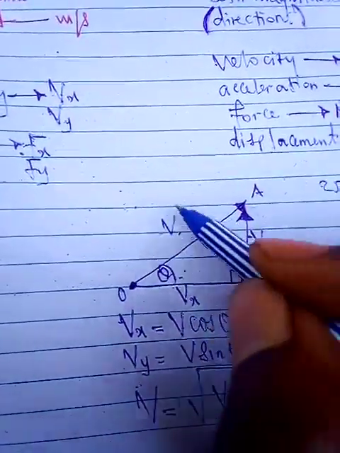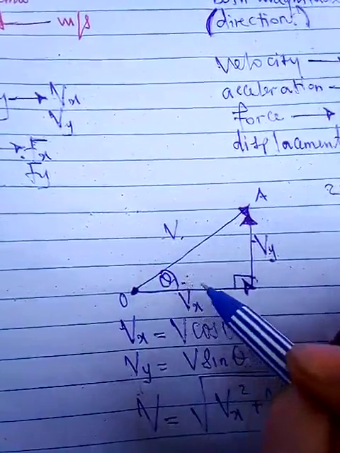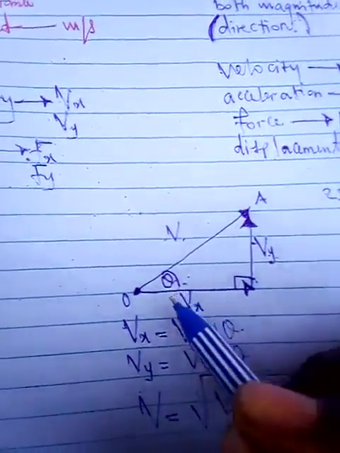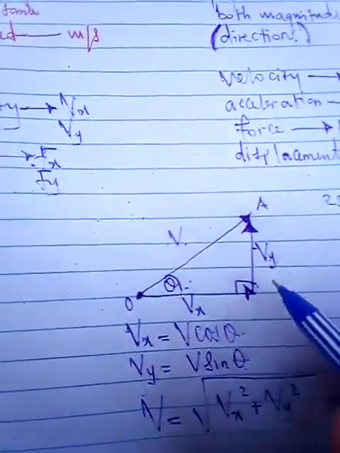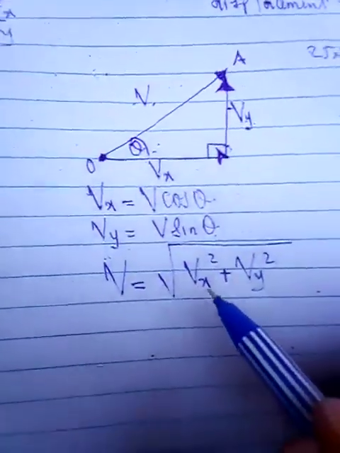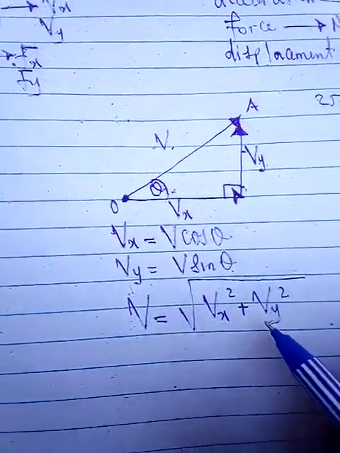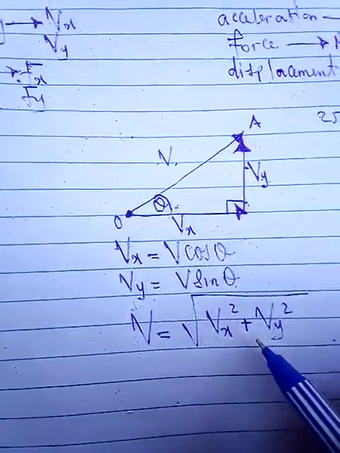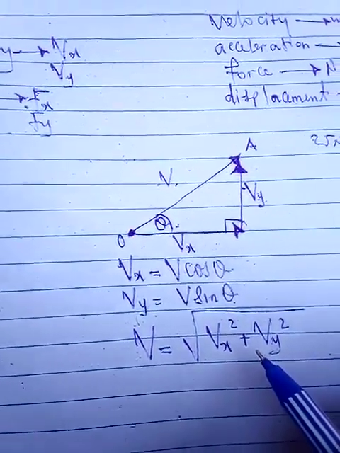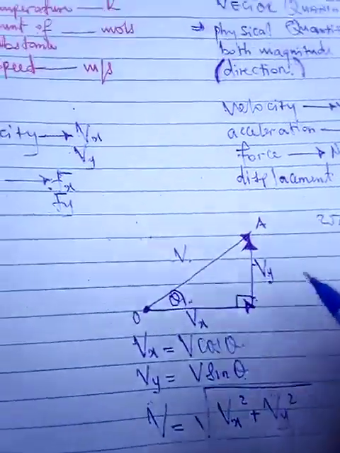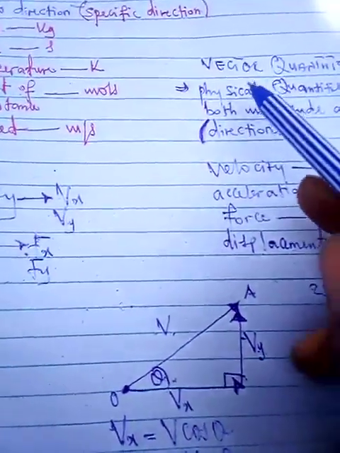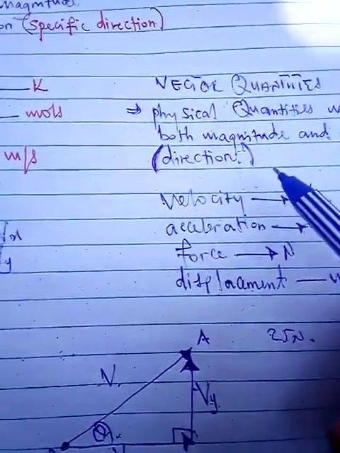So that vector is simply a resultant of its components. It's a resultant of the x and y components together. So V is equal to the square root of Vx squared plus Vy squared. So that's just an addition that I can give under vector quantities.